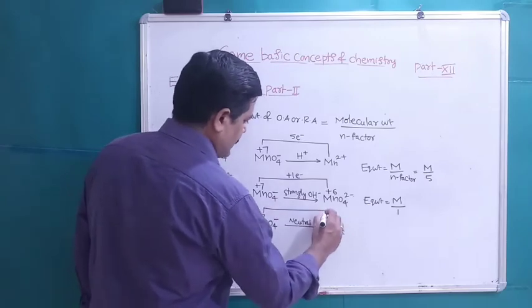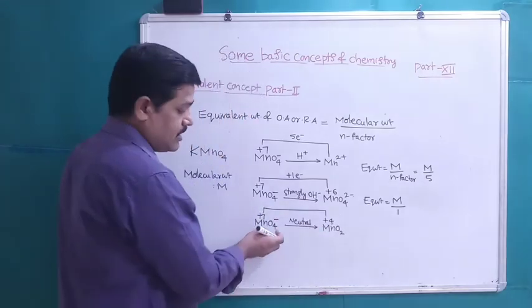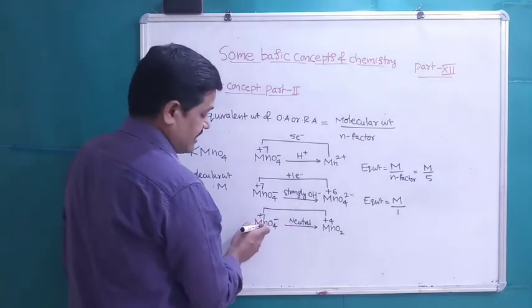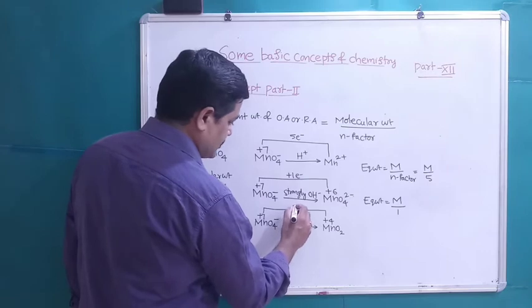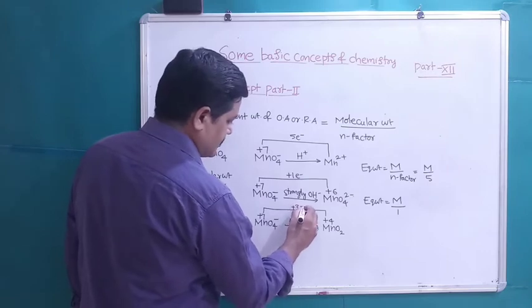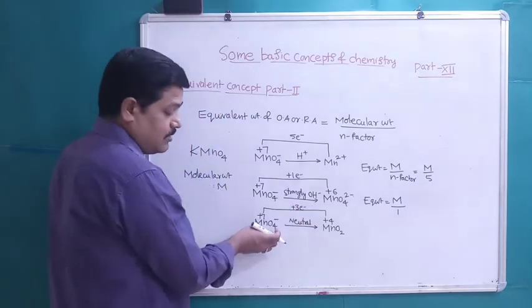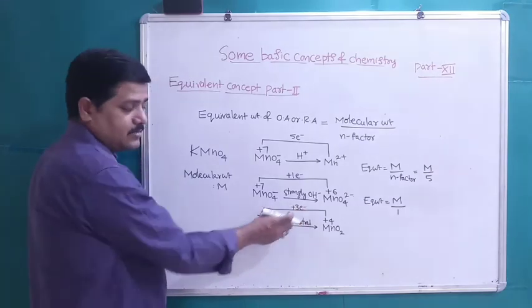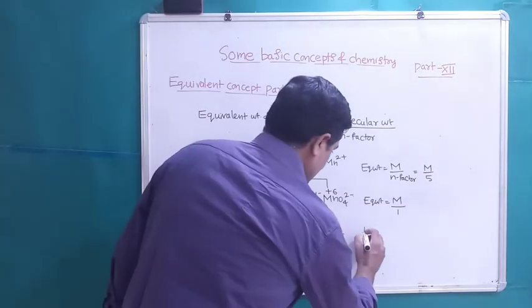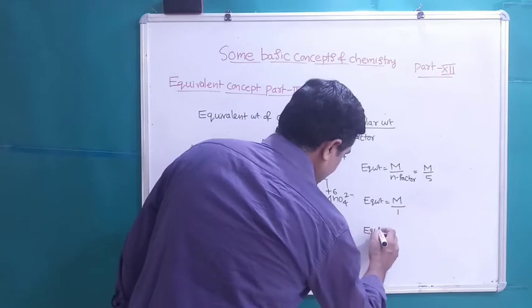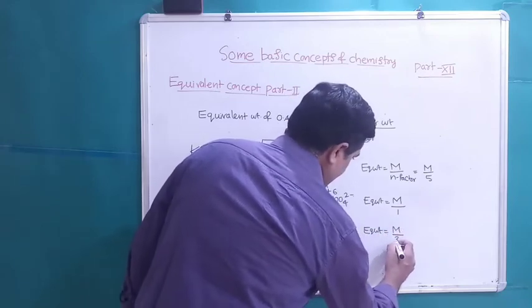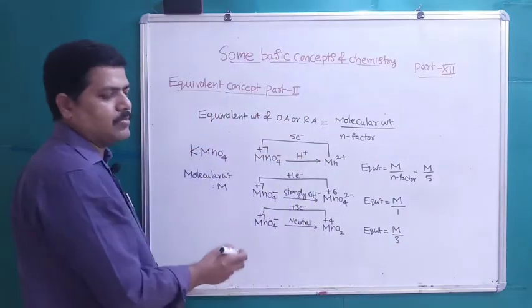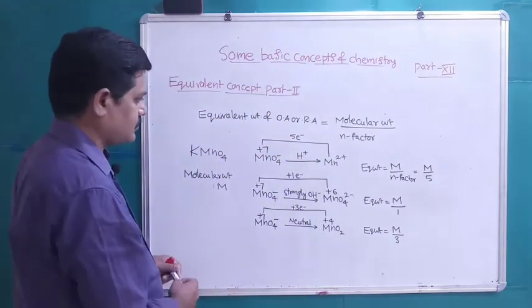The number of electrons gained per ion, when +7 converts into +4, is 3 electrons. For 1 mole of MnO4 minus, that is 3 moles of electrons. So the equivalent weight is equal to molecular mass M divided by n factor 3. Let us take some more examples.